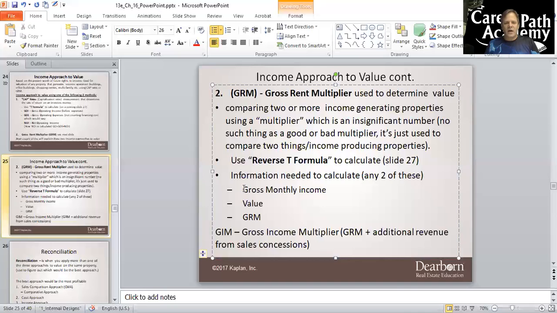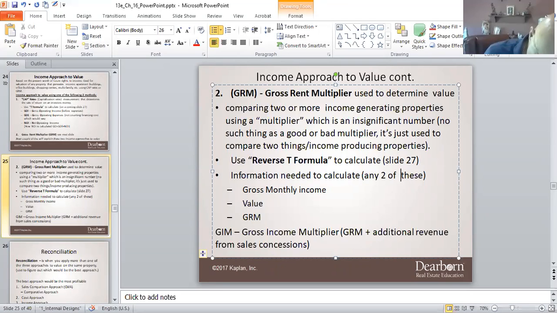You need the gross monthly income, the value of the property, or the GRM itself. You need any two to solve for the third.